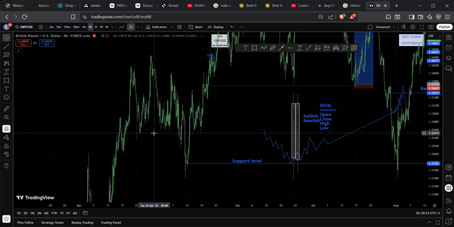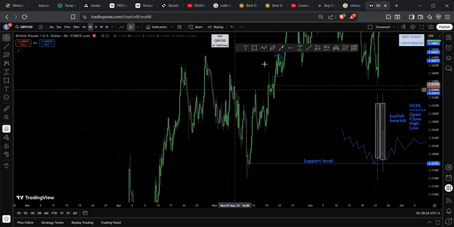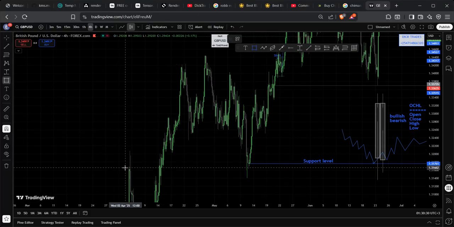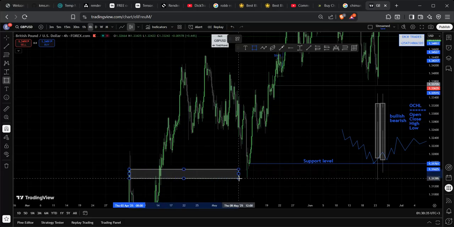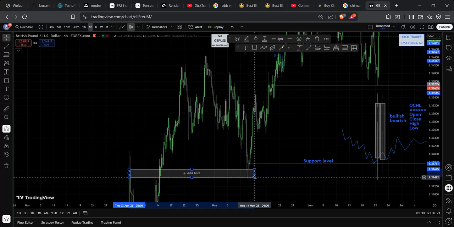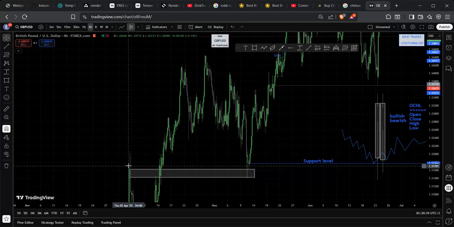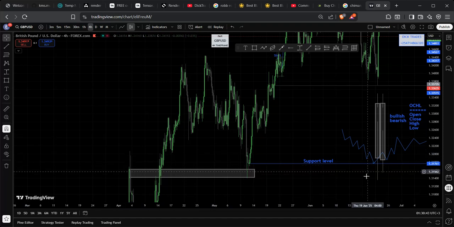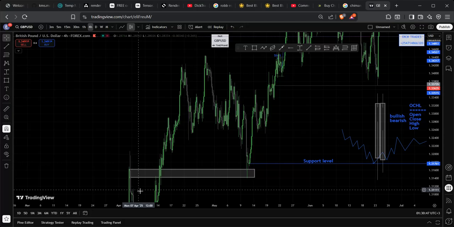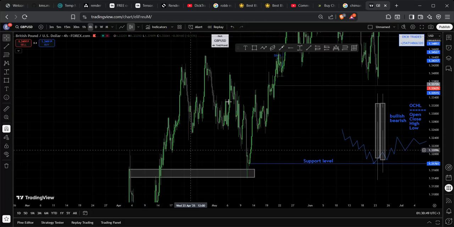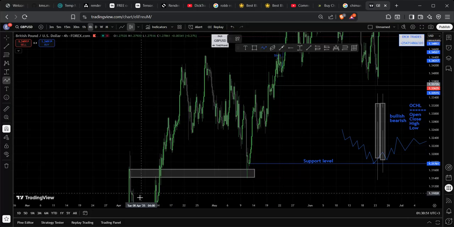Over here, we had this level. So initially price was here, it came, it got rejected. Rejected is what we saw here. This is rejection. It got rejected, came back down. Now this is where we see the breakout.